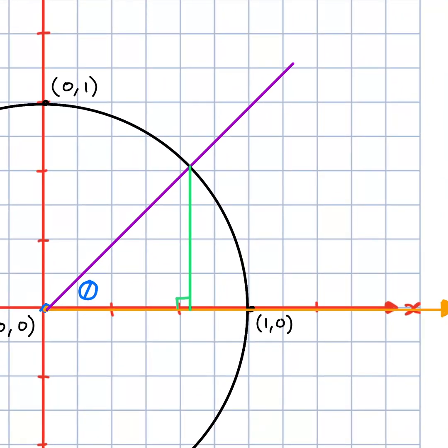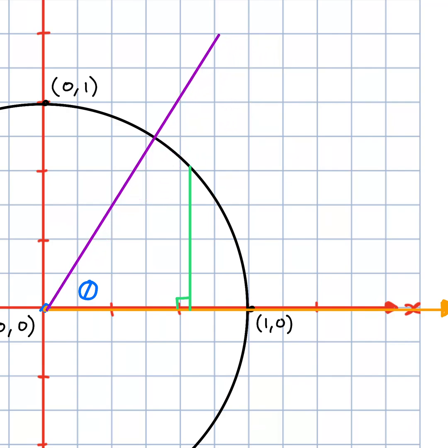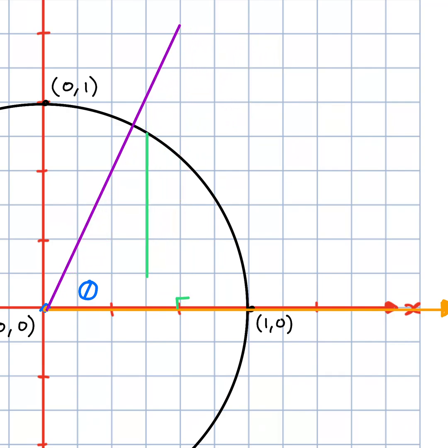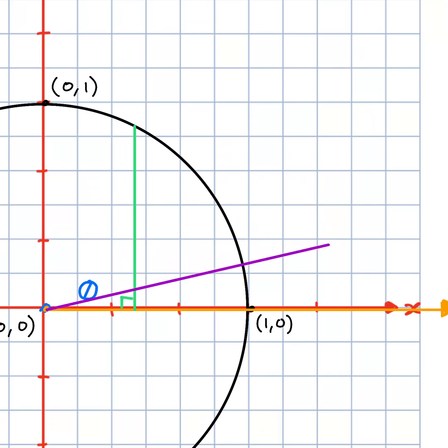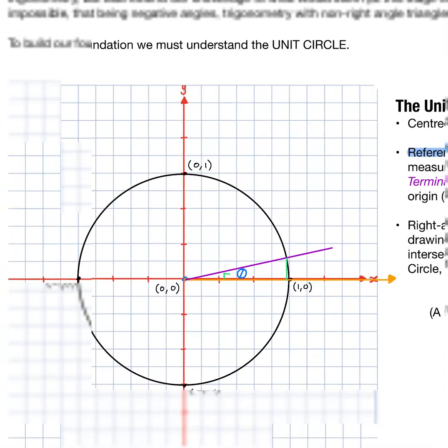Just as a point of comparison, we could have rotated this terminal side up here for a larger angle and drawn our perpendicular height down like so. Or we could have made it smaller, down like this, which means our perpendicular height will be much smaller. And our reference angle is still always going to be in between the initial and terminal side.